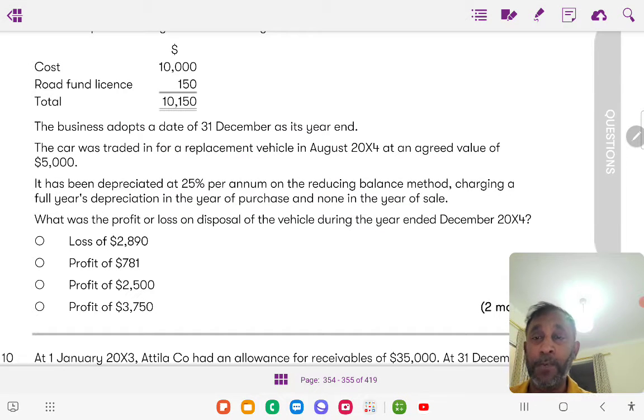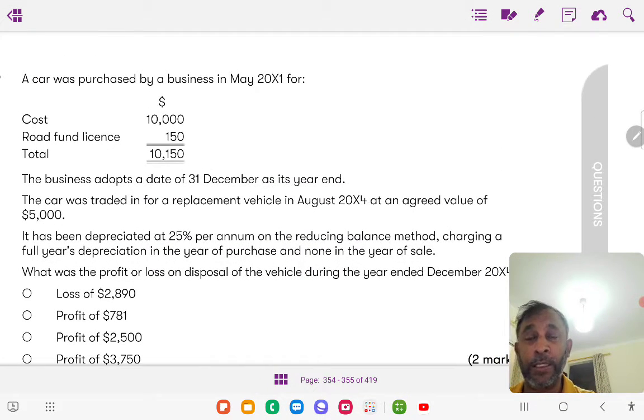And one more thing, they are also testing you on the capitalization policy, the right concept of how to recognize capital expenditures. Now the cost of the car, 10,000, obviously is a capital expenditure. However, the road fund license has nothing to do with the car.